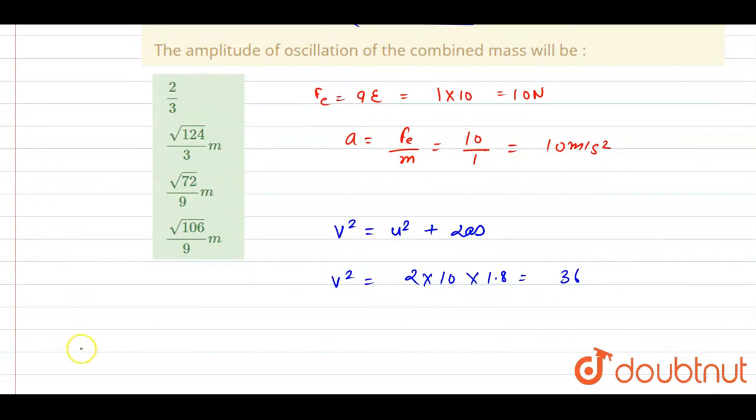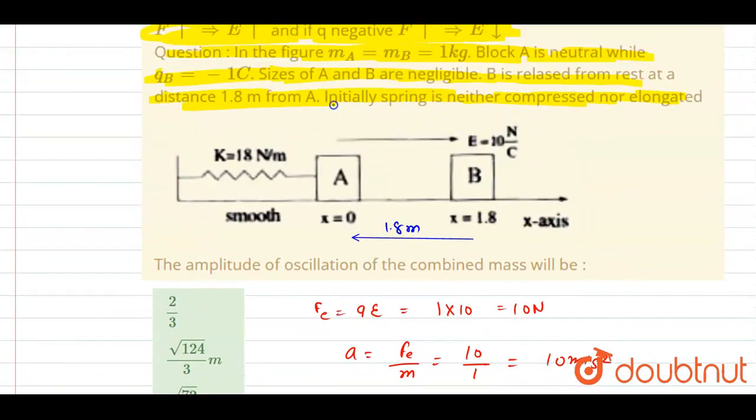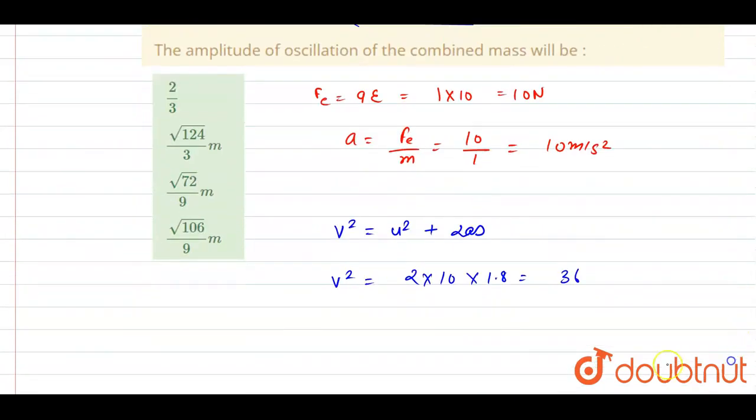So now this will be the equilibrium position, because if you see, it is neither compressed nor elongated, so it is equilibrium position, because at equilibrium position net force is 0. So if you see the velocity that it is having, it is 36 under root, so it is 6 meter per second.